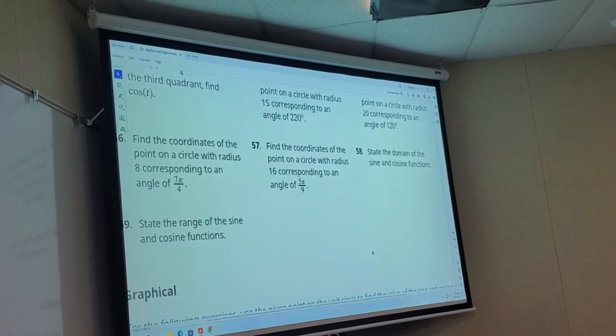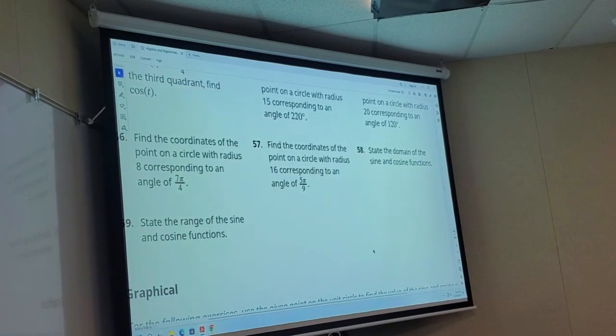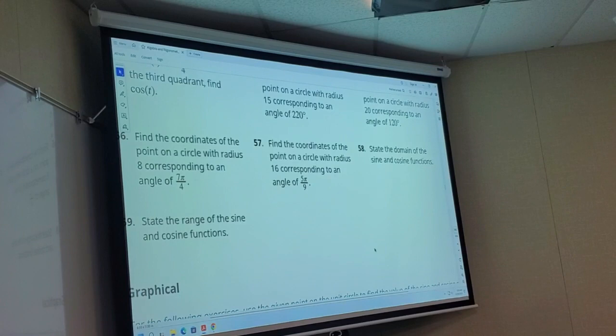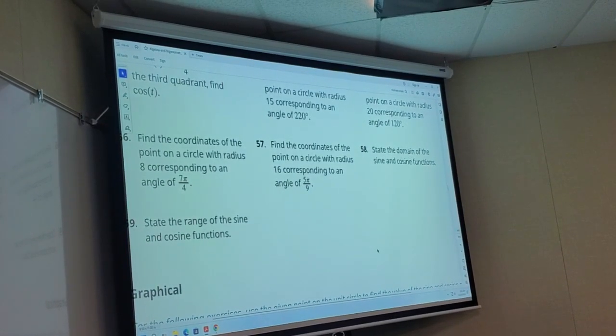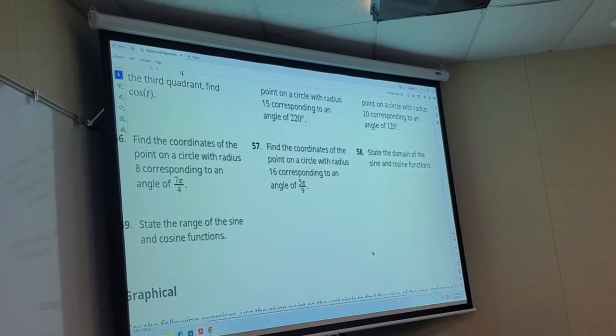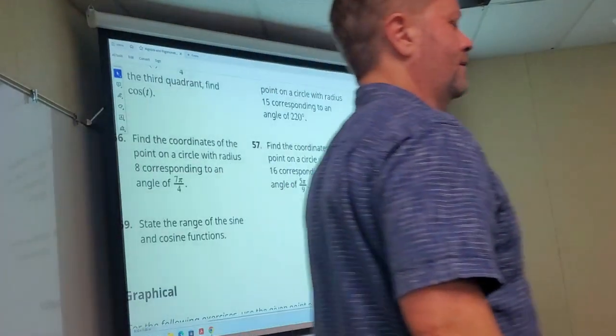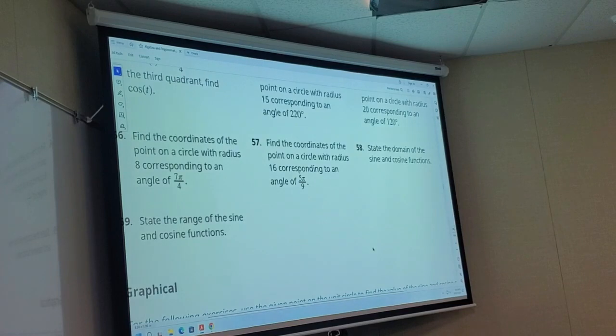Mine says done. What is that? Wait, I didn't get it. It's a very honest calculator. I love it. Mine says done. Let me see it. It says done. I've never seen that before.